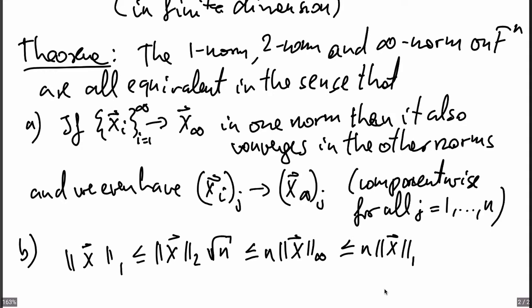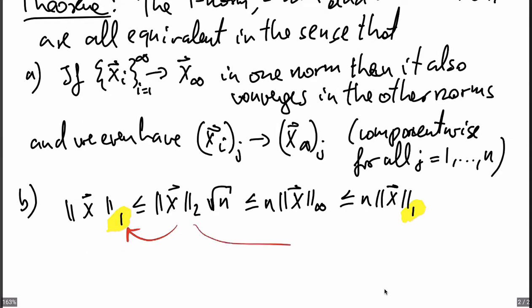Once we went around once, starting with the one norm and returning to the one norm, we can actually continue this. So the two norm can be estimated from below and above, and the infinity norm can be estimated from below and above with the one norm. But then it can also be estimated with the two norm. So the two norm can be estimated with the one norm, for example. Then the infinity norm can be estimated with multiples of the one norm.